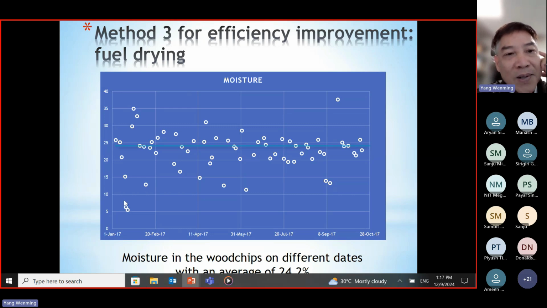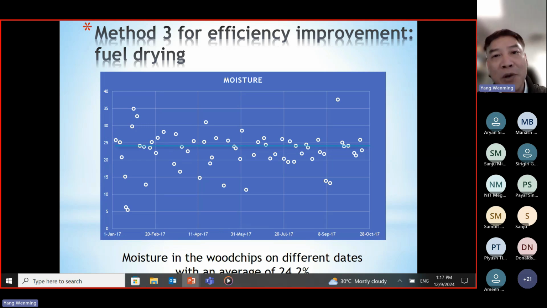The highest one is about 37% water, the lowest one is about 5.2%, and the average is about 24.2%. This one is for biomass.